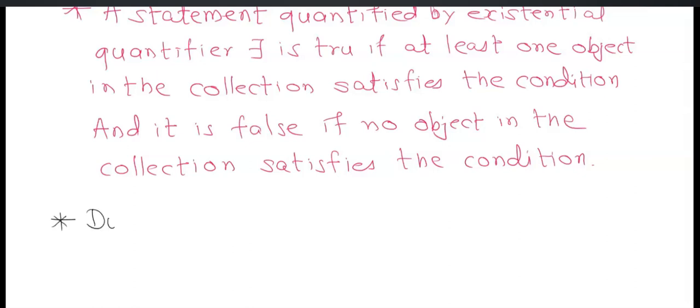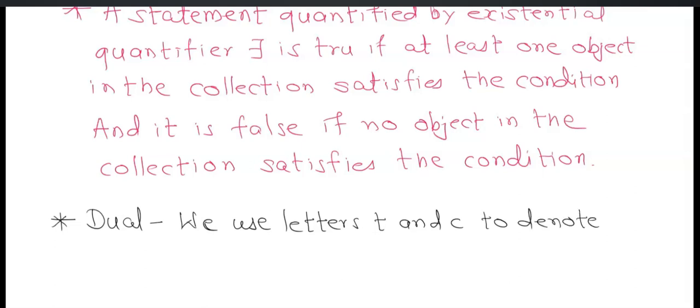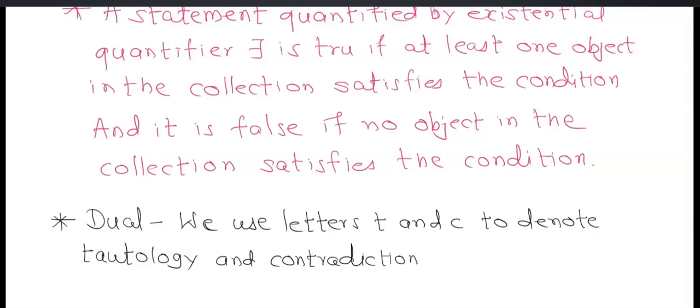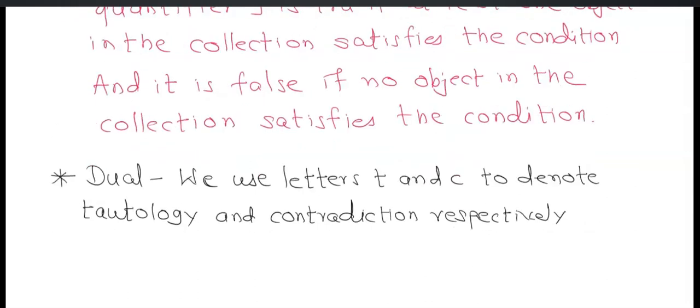Now next is duals. We use the letters T and C, that is, tautology and contradiction, to denote tautology and contradiction respectively.